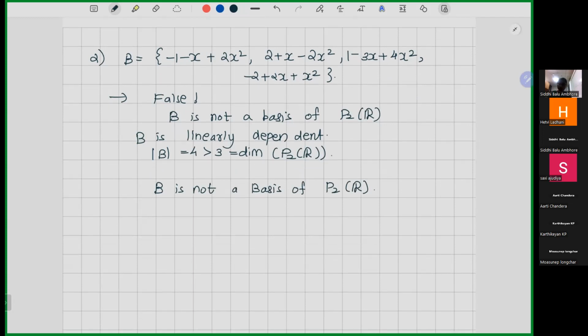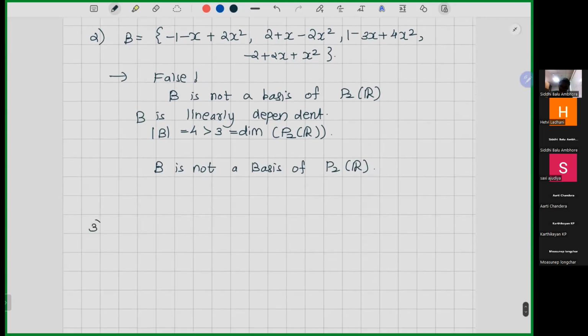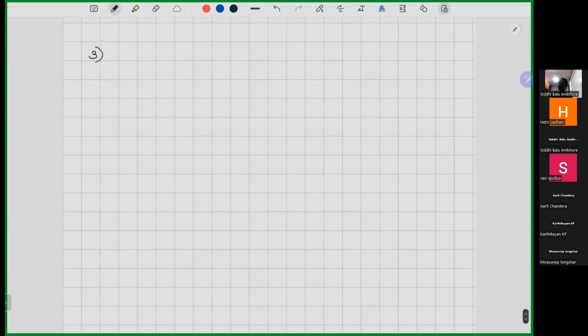Okay, so now the third one. We will check 1 minus 2x minus 2x square, minus 2 plus 3x minus x square, 1 minus x plus 6x square.